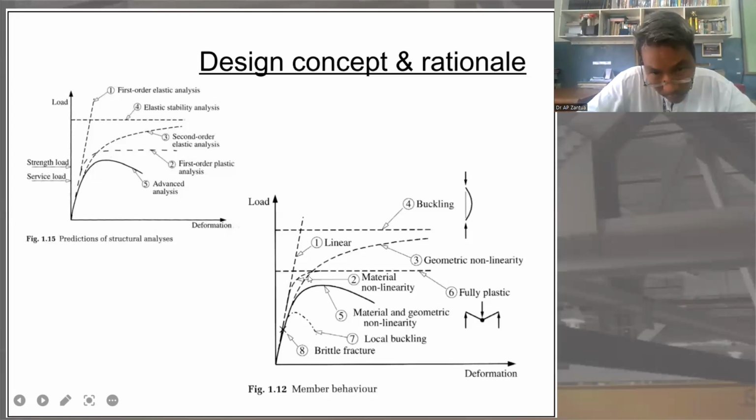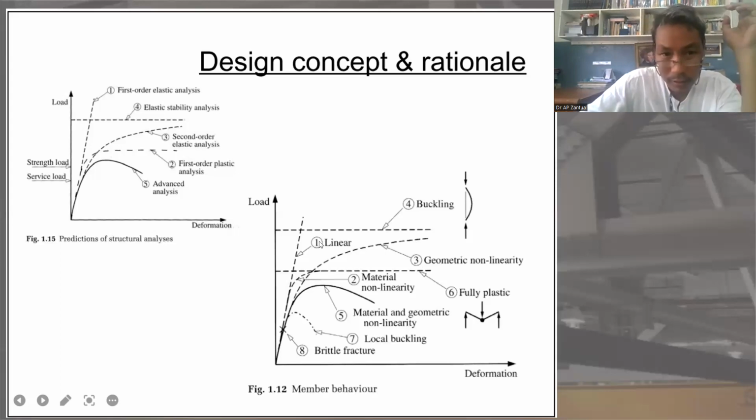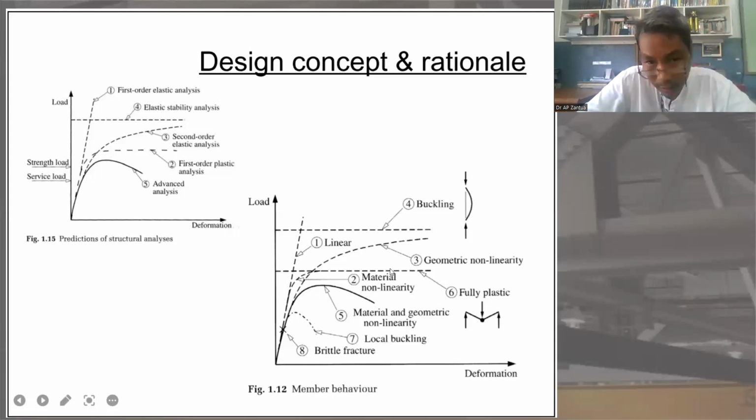Number 3, geometric non-linearity. So number 1 is linear, this is first order elastic analysis. Number 2, material non-linearity, looks like first order plastic analysis.